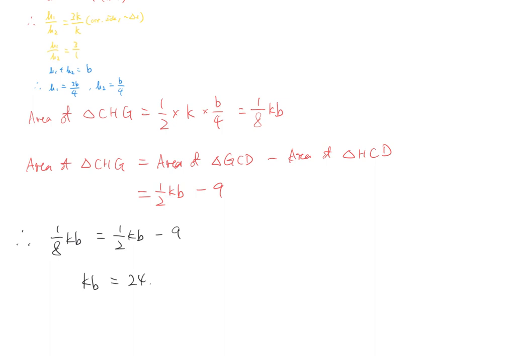So finally we can say that the area of triangle CHG is equal to 24 over 8, so it is 3 centimeters squared.